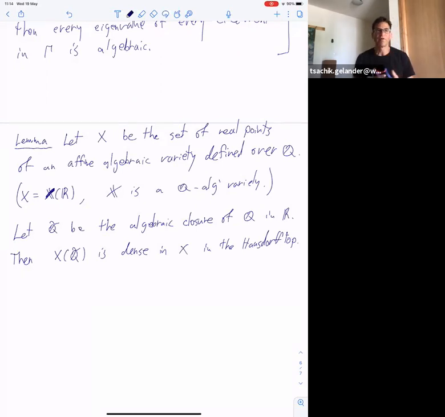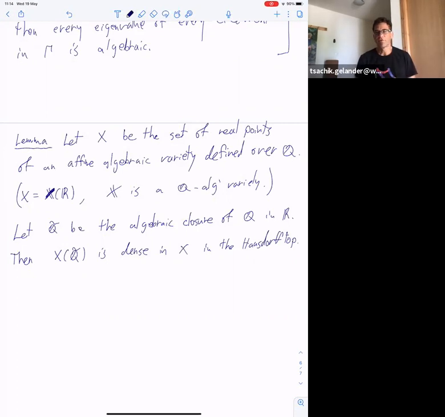You can prove it using the implicit function theorem. So X is defined by some polynomials with rational coefficients, and you have a real point in X. And I want to show that I can deform it a bit and make its entries algebraic. You can think of all this inside some affine algebraic variety, a subvariety of R^n defined over Q, and you have a point there, and you want to say that you can slightly deform it to make all the entries algebraic.